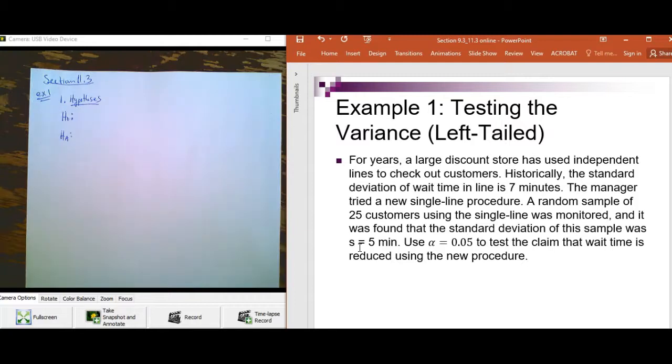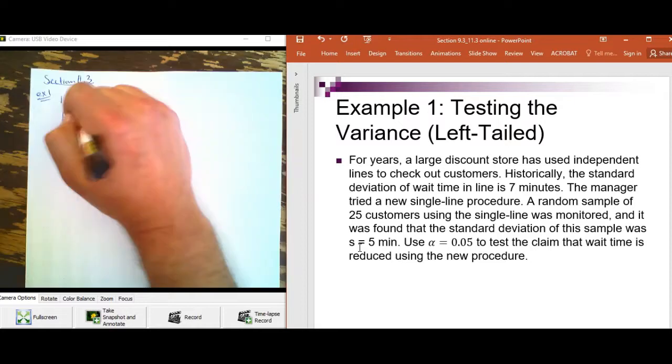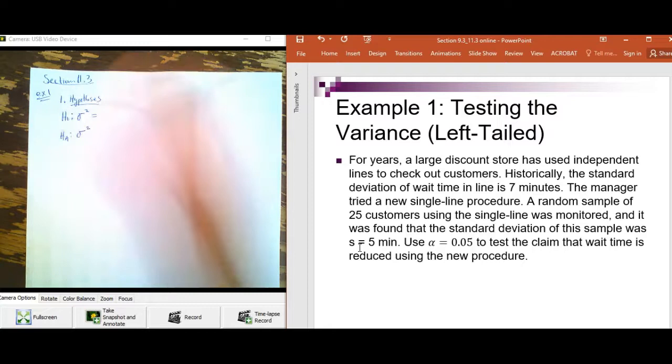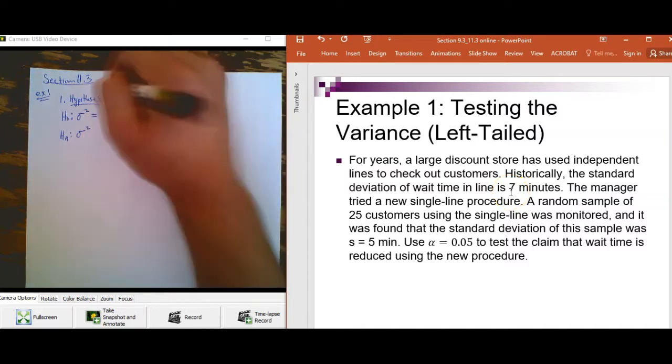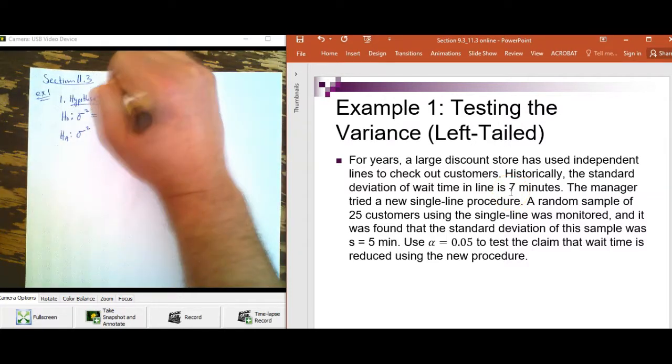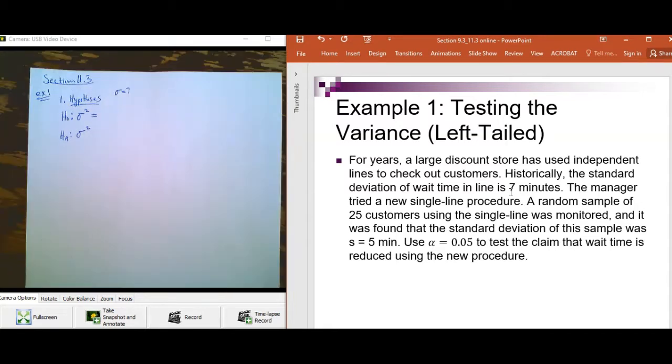We are testing for a population variance here, sigma squared. For our null hypothesis, this is always equal to. So what is the population variance here? Well, we know that historically the standard deviation of wait times in line is 7 minutes. That's sigma, so sigma is 7. So what would be sigma squared? Sigma squared would be 49.